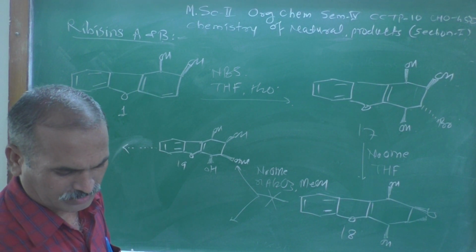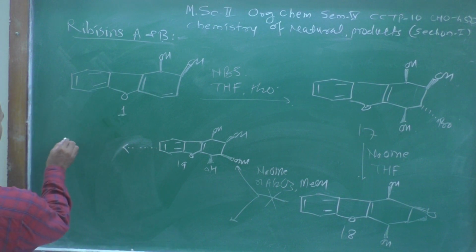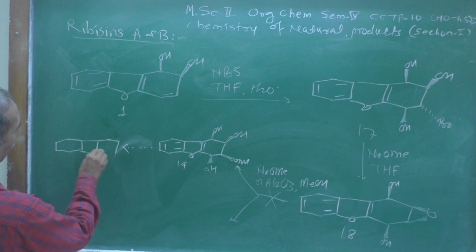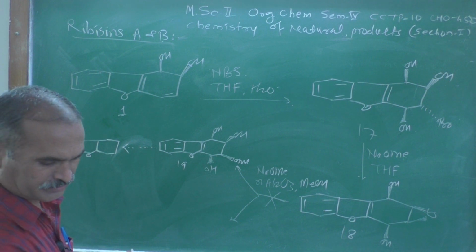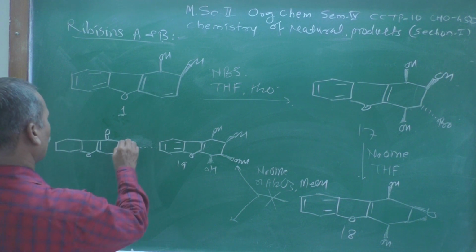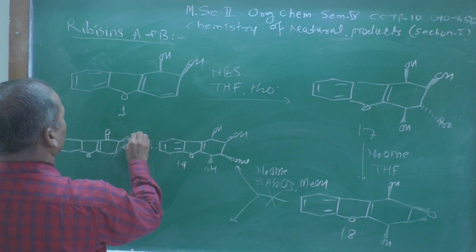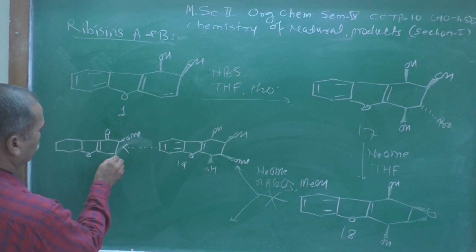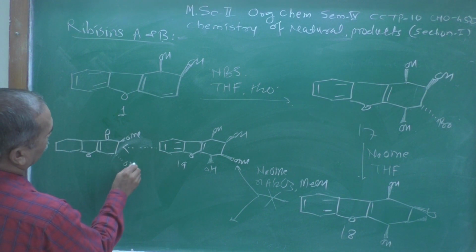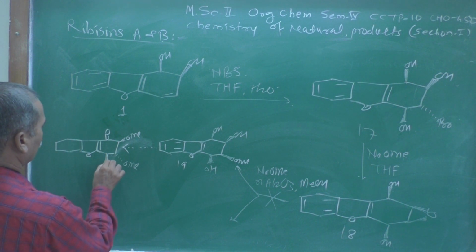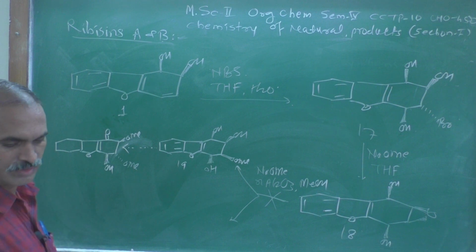This arrow gives this compound, let me draw it over here. This is a compound with a double bond O, then OMe as expected, and here OMe, and then the hydroxy group here OH.